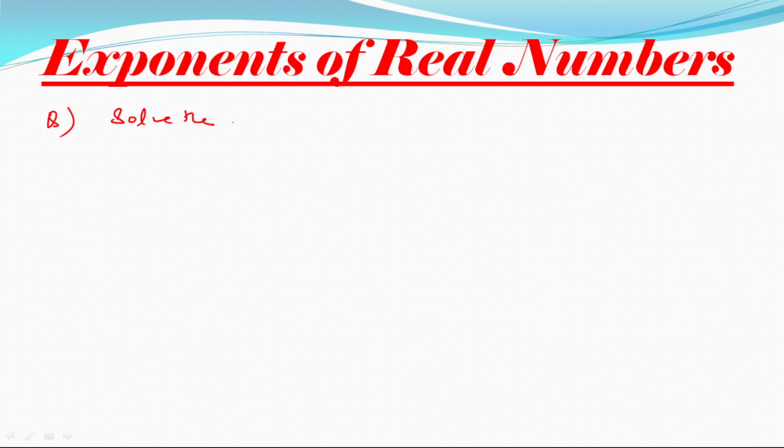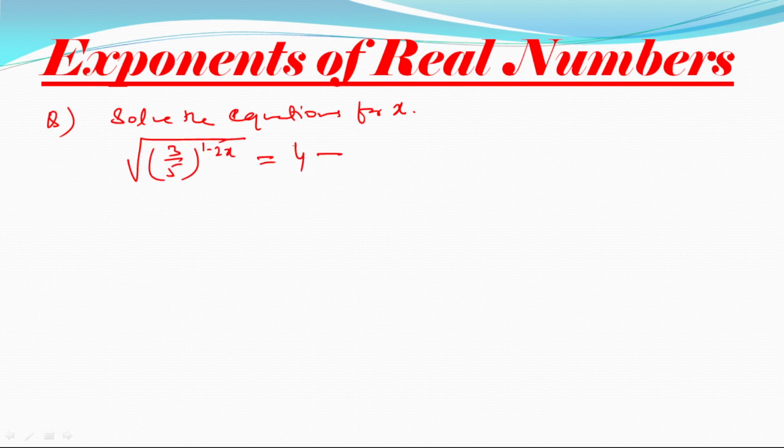Solve the equations for x. Okay. So we are given 3 by 5 to the power 1 minus 2x is equal to 4, this is mixed fraction 17 by 27. Right.